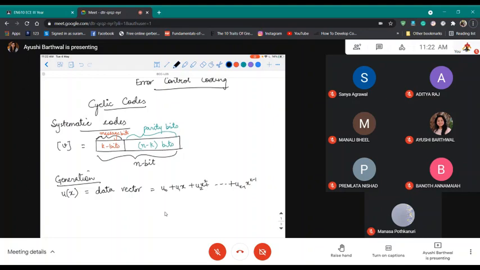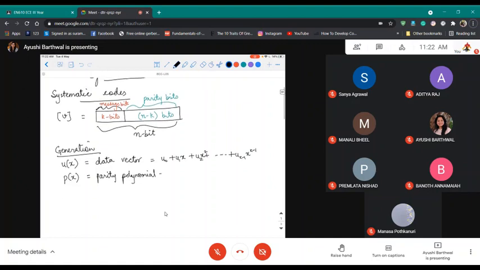Similarly, p(x) is your parity polynomial and v(x) is your code word.